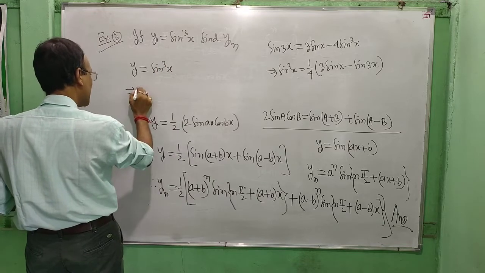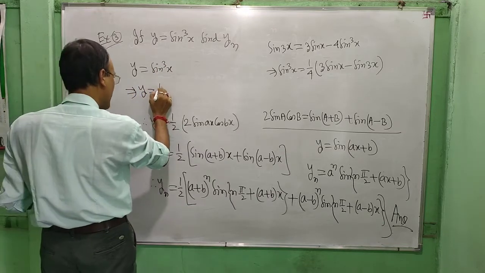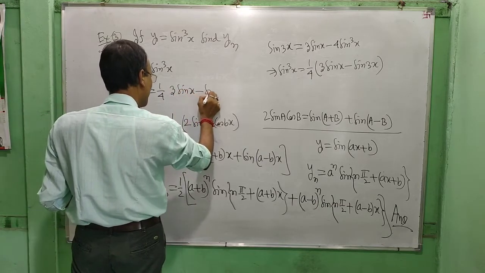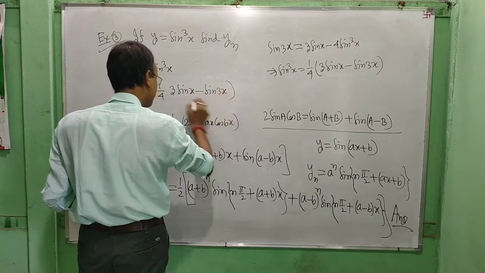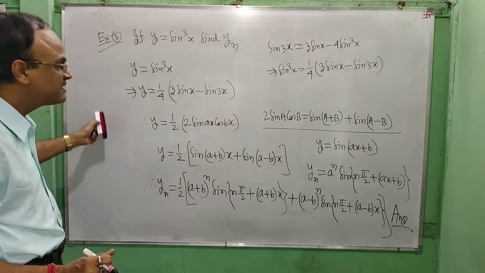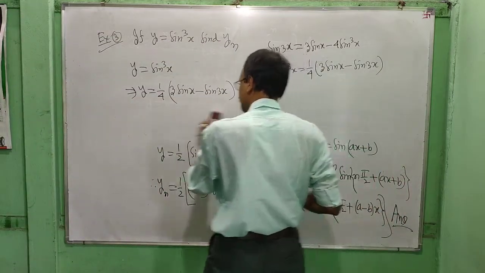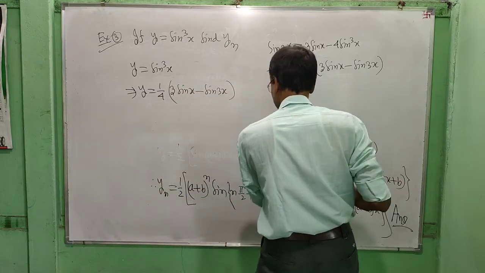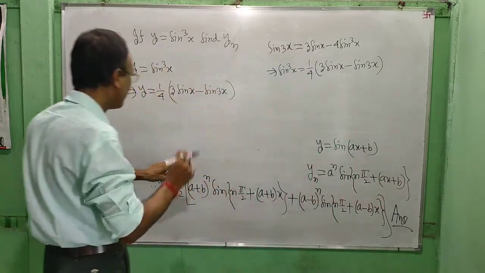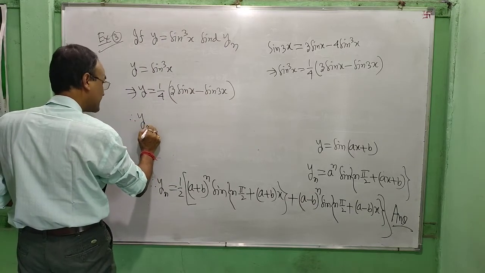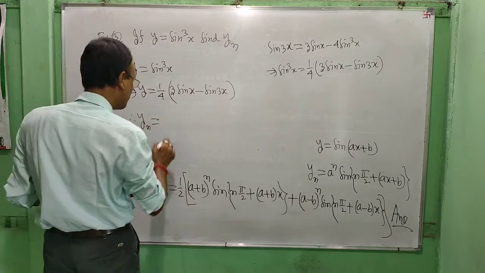Now y equal to sine cube x. This means y can be written as 1 by 4 (thrice sine x minus sine thrice x). Therefore, yn is equal to 1 by 4.